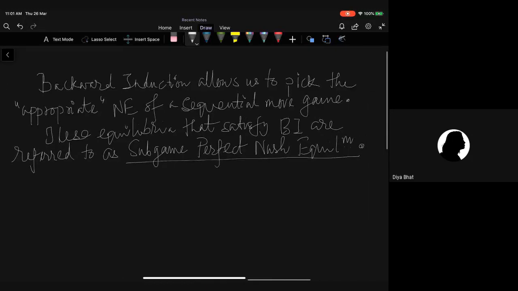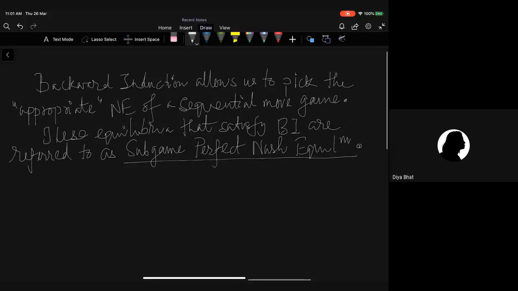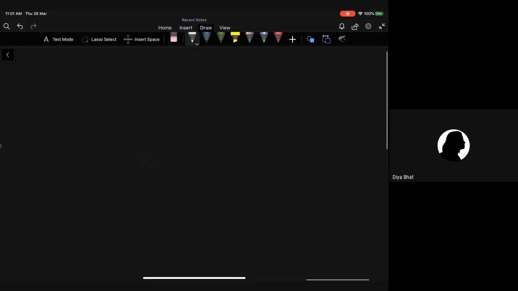So now let's apply this backward induction logic in a slightly more complicated game, not super complicated. Let me draw another sequential move game. This is example number 2.